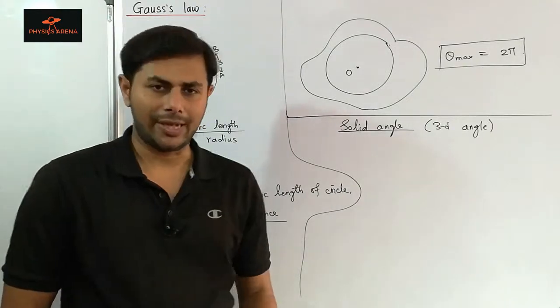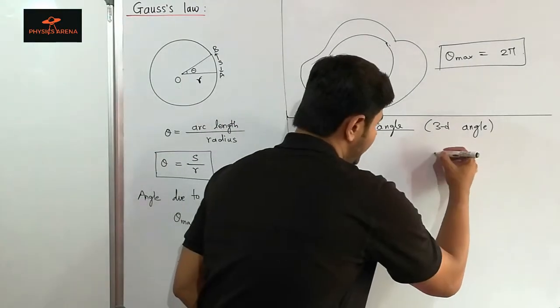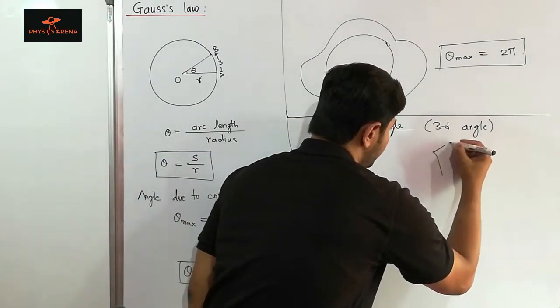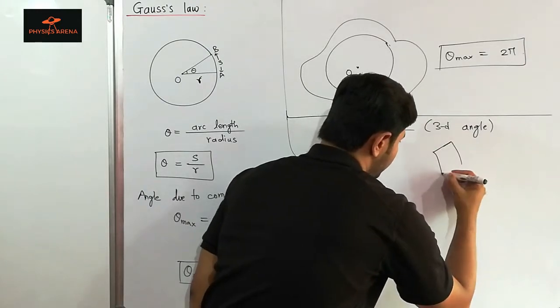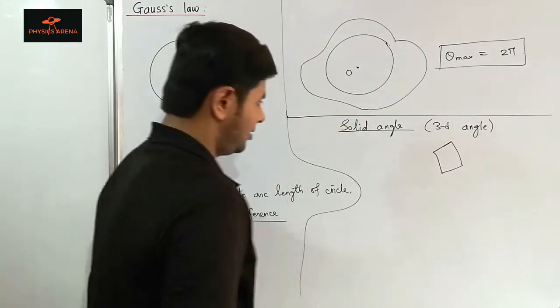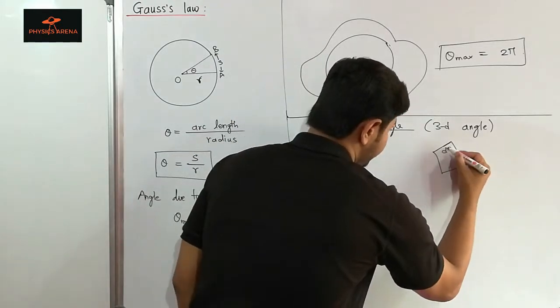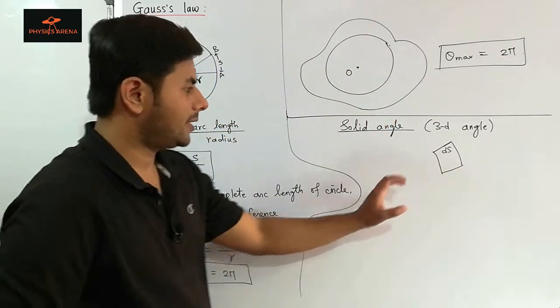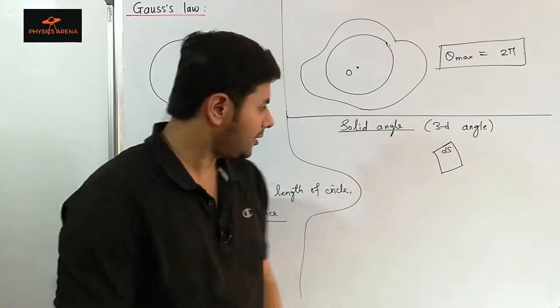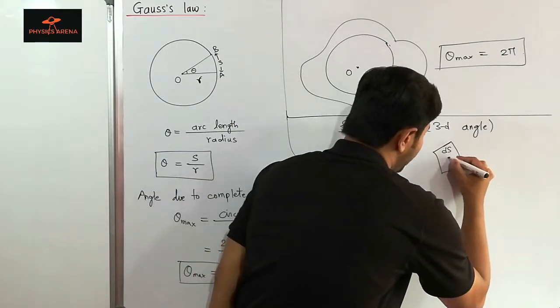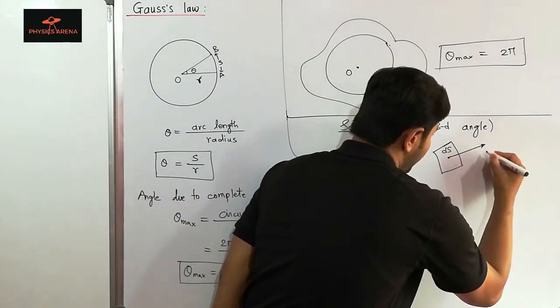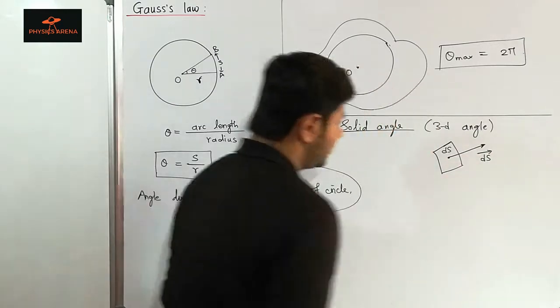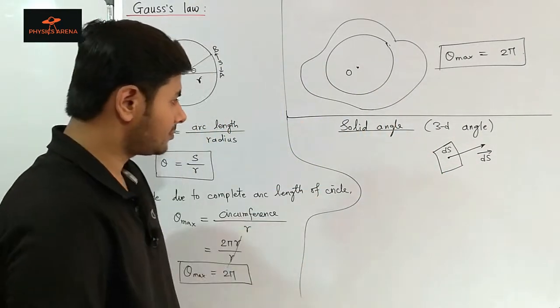For a three-dimensional angle, we need a surface area. So let's consider this surface area. Let's say it is ds. And now we know that an area is a vector quantity. So the direction of the area is perpendicular to the plane of the area. So this is the vector ds bar.